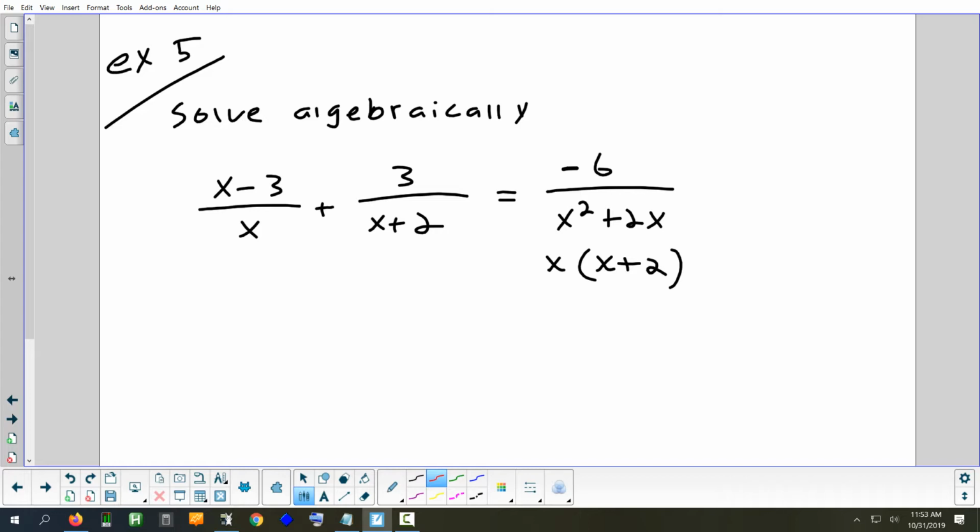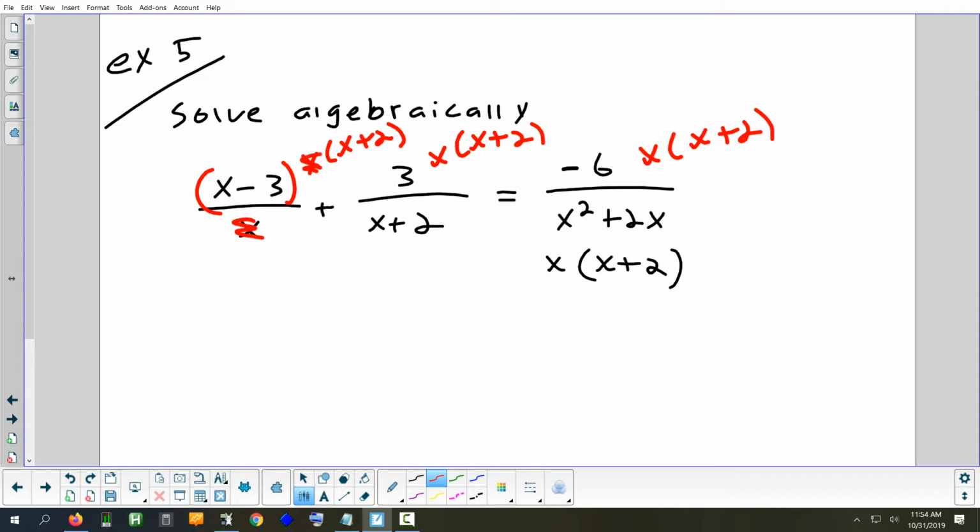Kara, what am I going to do with that? Yeah, we're going to multiply everything by x times x plus 2 so that we can get rid of all the fractions. Elias, what's going to cancel in the first fraction when I do that? X. Yep.